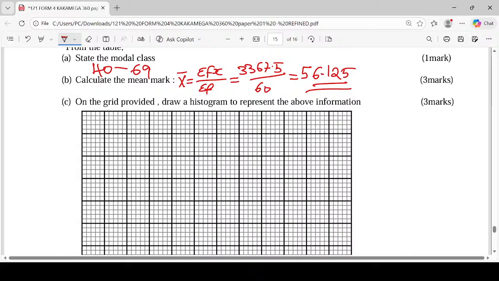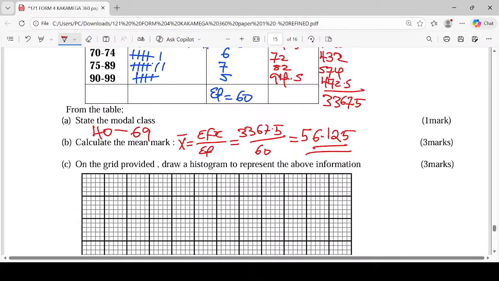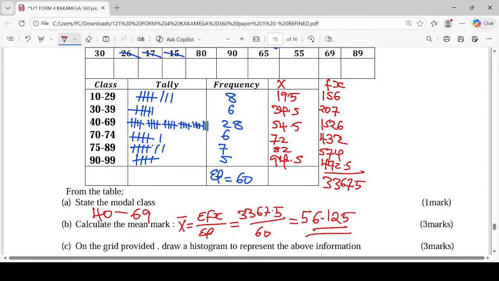So before you draw your histogram, when you look at the question, first let's look at the class intervals. The class intervals are not the same, so that means we need to populate what is called the frequency density.